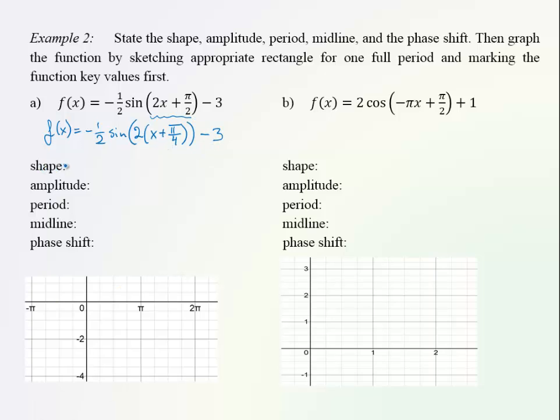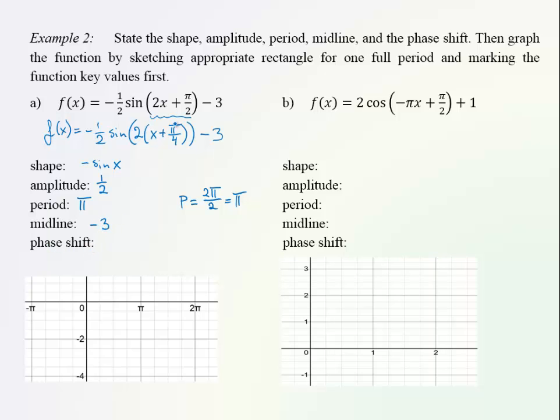Okay, so the shape is of negative sine x. The amplitude is 1/2. The period, well, let's calculate this on the side. P equals sine has regular period 2 pi, divide by 2, so it's pi. The period is pi. The midline is this -3.